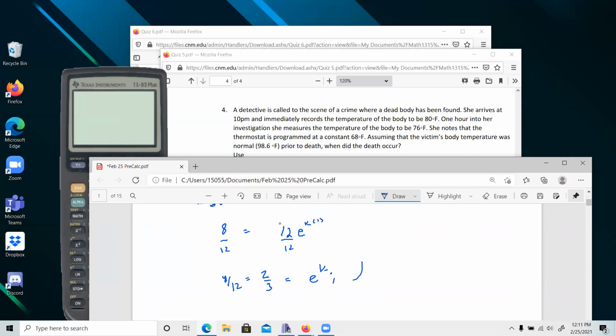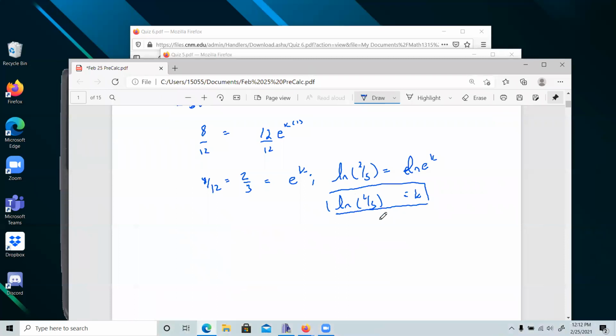So at this point, we have to say the natural log of 2/3 is equal to the natural log of e to the k. K is equal to the natural log of 2/3. So that's one thing we can figure out. Alternatively, you could just note that k is equal to the natural log of 2/3, and maybe put a k sub 0 here.